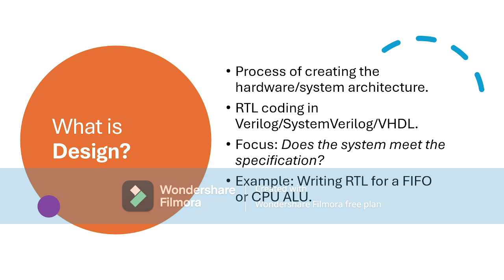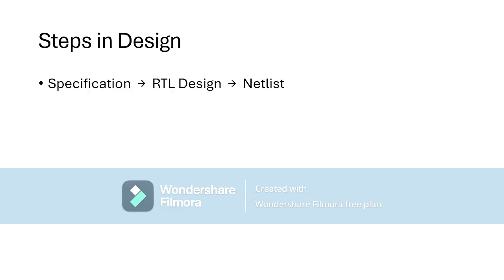Otherwise we need to change our design, or we need to update some of the specifications given by the client. The specification is given by the client, and from that we design an RTL design. From that we get a netlist. So these are the steps used in the design process.